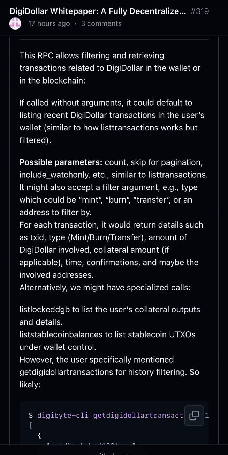It might also accept a filter argument, e.g., type, which could be mint, burn, transfer, or an address to filter by. For each transaction, it would return details such as TXID, type (mint, burn, transfer), amount of DigiDollar involved, collateral amount if applicable, time, confirmations, and maybe the involved addresses.